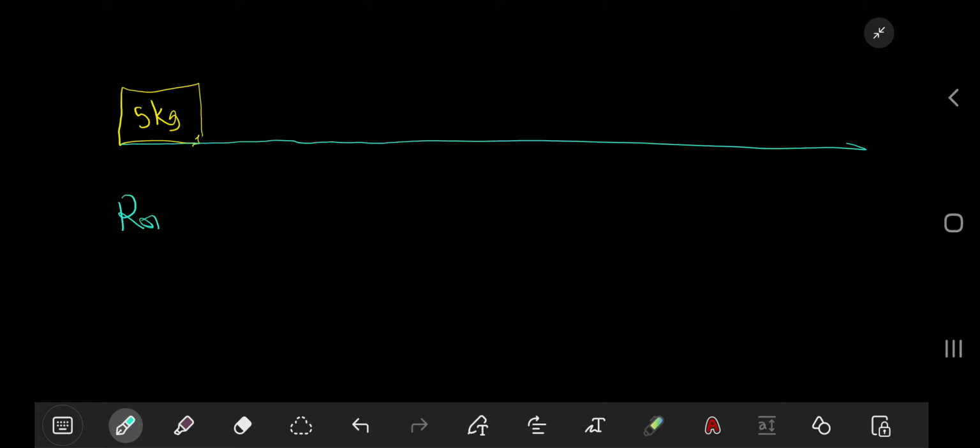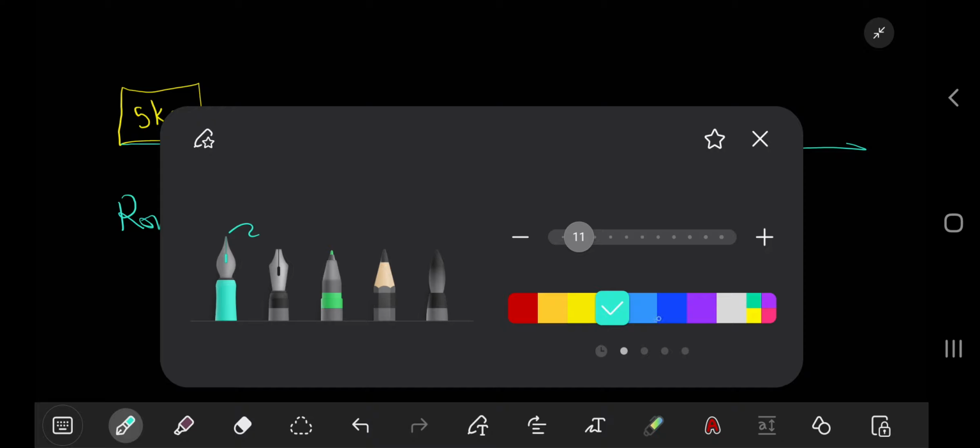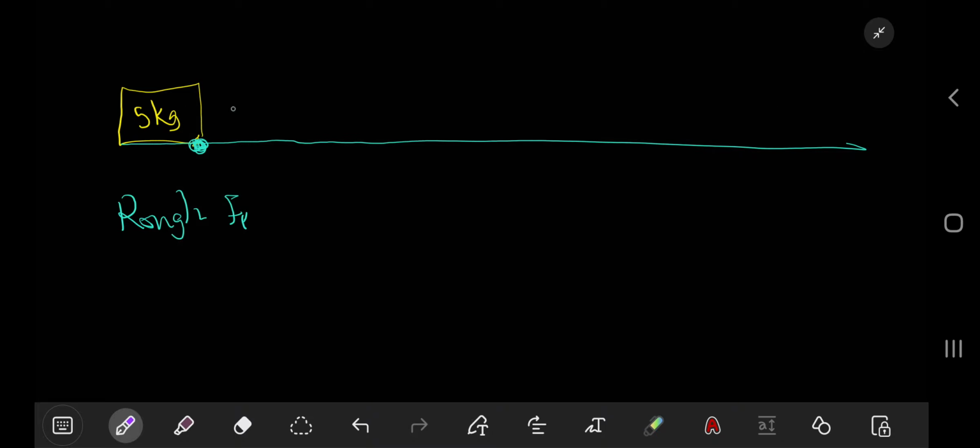I said the surface is rough, meaning that we have friction. And on this object, we have an applied force of 100 newtons acting on that object to the right.